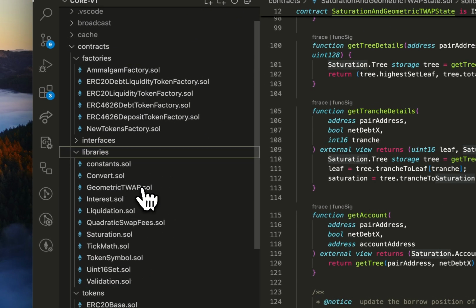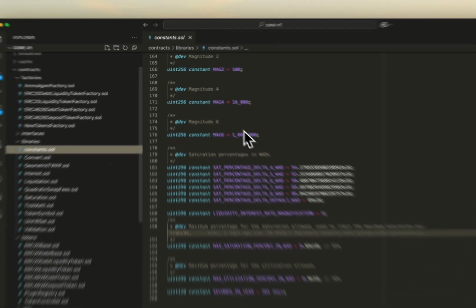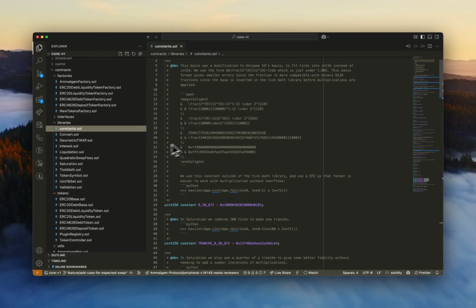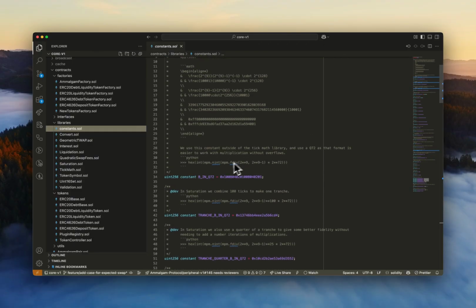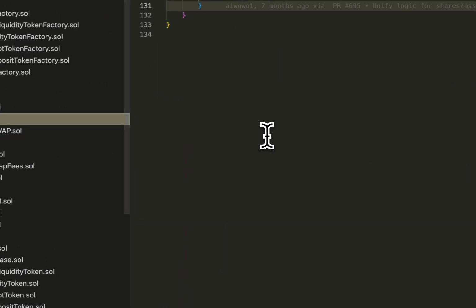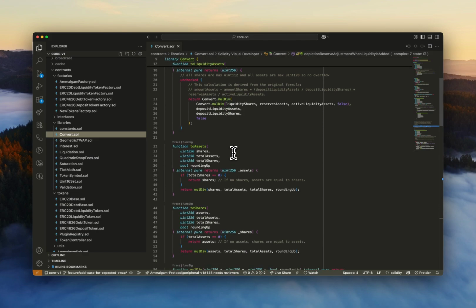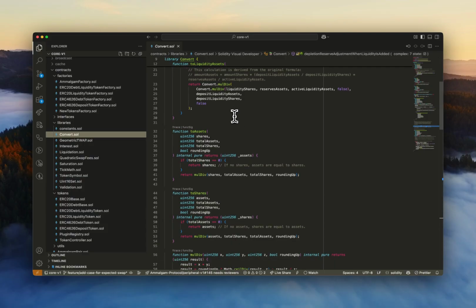As far as libraries, we have a constants library that has many of the variables that are reused in multiple places. A conversion library, which also has things that we saw getting used in multiple places, so we just put them in one library.